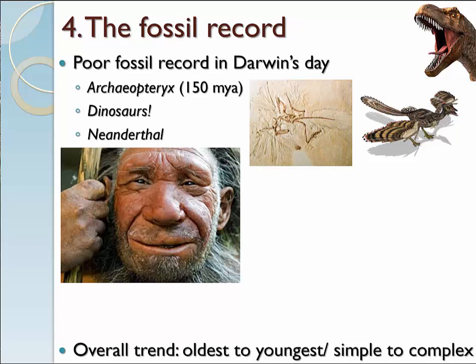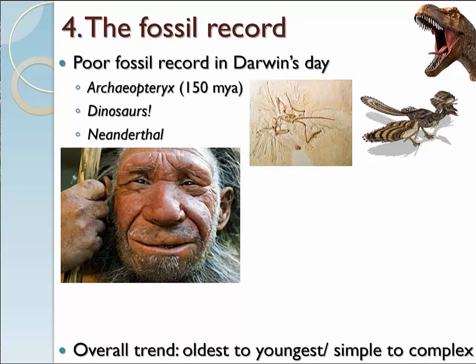So that was visible in the fossil record. But Darwin admitted that the fossil record was pretty poor, and there needed to be more fossils. Today, we have a wealth of fossil evidence.